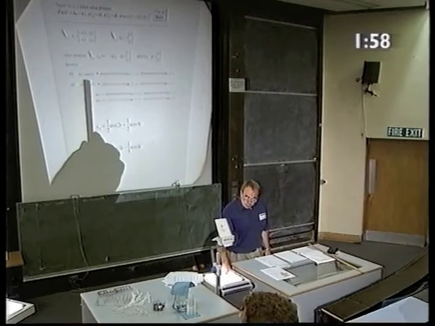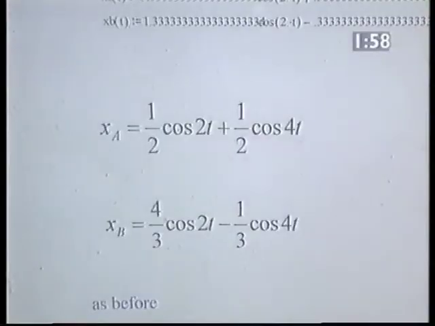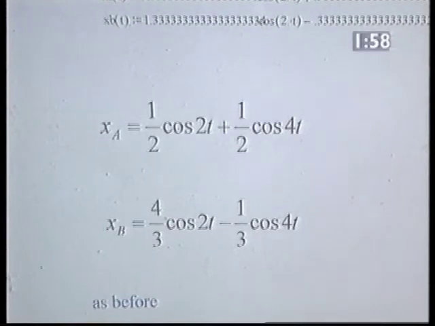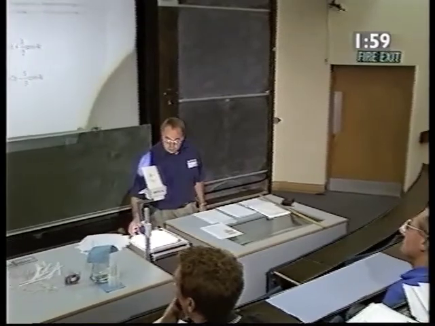And then out pops the solution, so that's 0.5 cos 2t, which is that, 0.5 cos 4t, and the other. In this case, the unknown vector is x and y rather than xa and xb. The same here, 1.33 is the 4/3, and minus 0.33 is the minus 1/3. So you can check that on MathCAD.